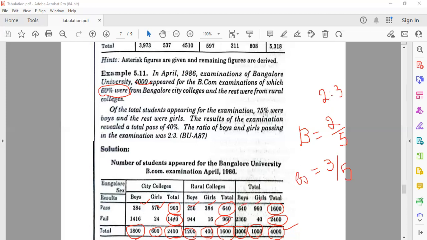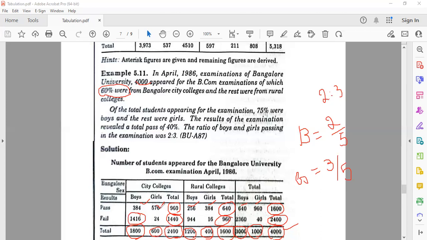Similarly, if you take this failed total, in this, if you take this particular ratio of boys and girls, once again the data gives you the exact picture of the values mentioned here. Now, one more data is here, like we know that 384 is the pass students. So how many failed students are there? So 1800 minus 384 is 1416.